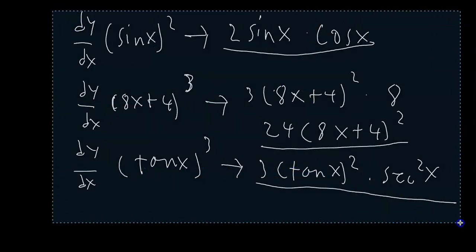So now that we have done some more challenging problems, let's get to a more tedious chain rule problem. In this case, we're going to use a lot of trigonometry, because trigonometry is notorious in chain rule problems, and I'll show you why.